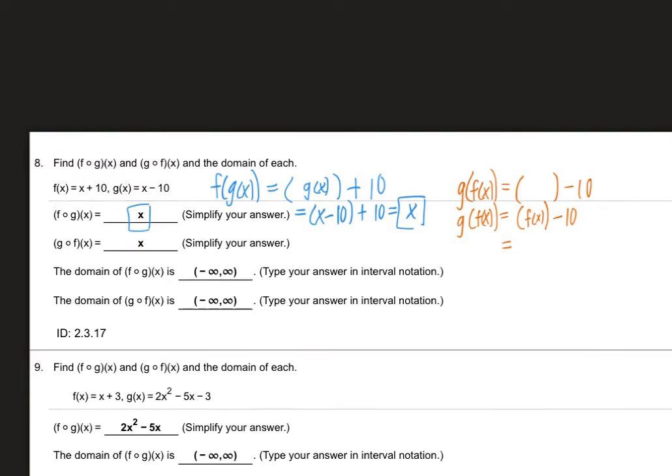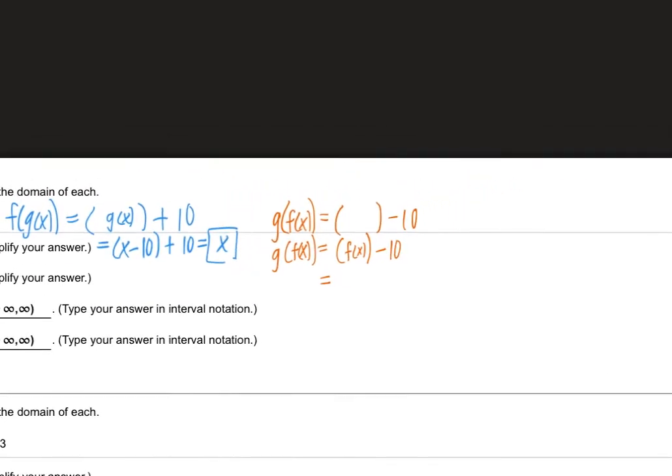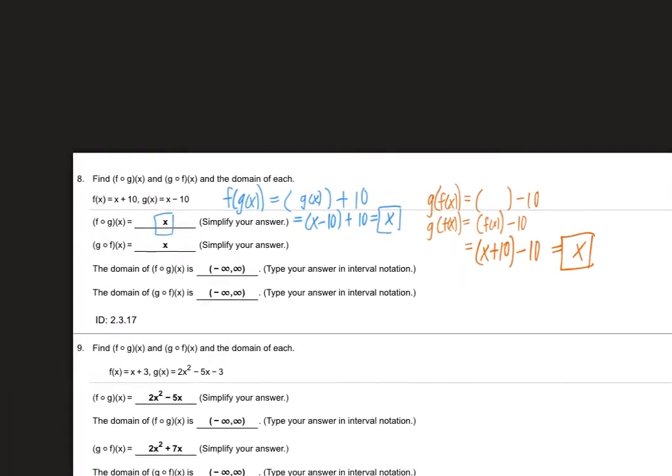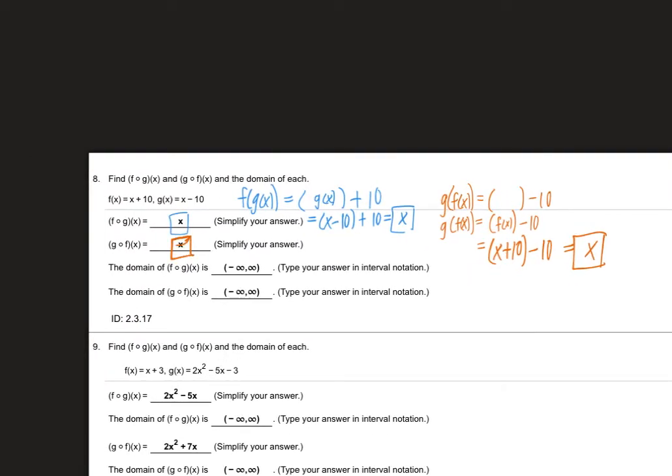And what is f of x? F of x is x plus 10. So that's where we get this answer.